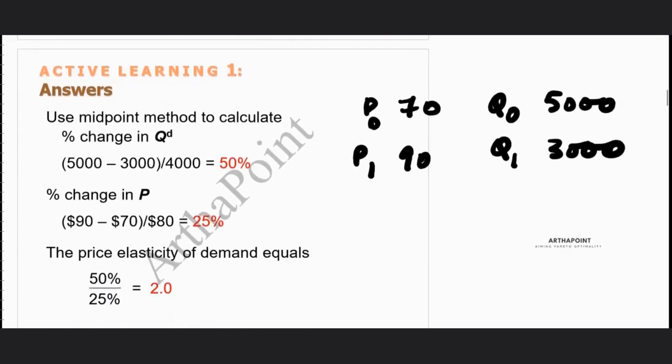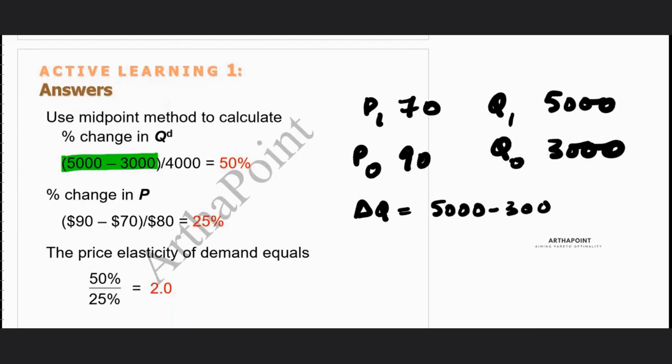Okay. So change in quantity will be 5,000 minus 3,000. Here it's taking the opposite, that is why. So it is up to you, it will not matter, right? You can take this as P1 Q1 and this as P0 Q0. So change in quantity will be Q1 minus Q0, which will be 2,000.